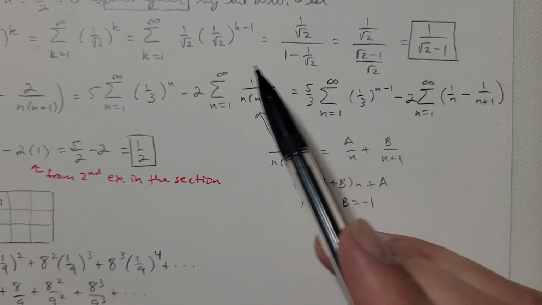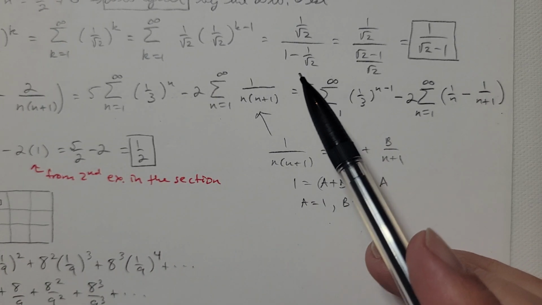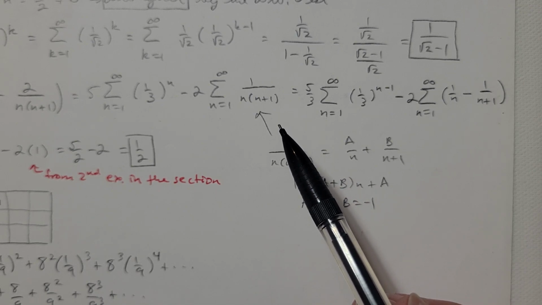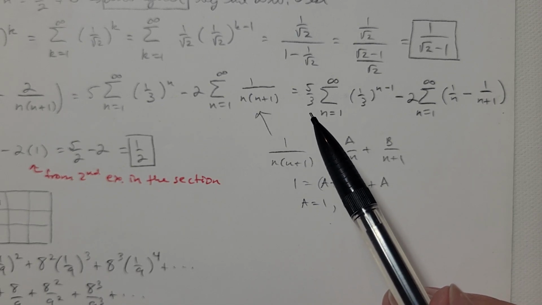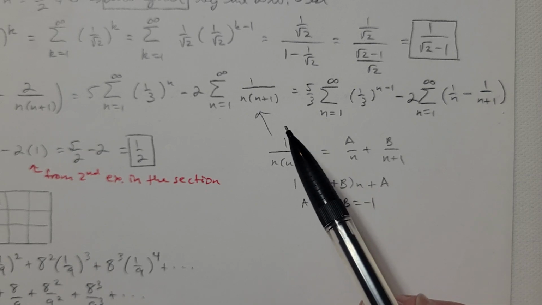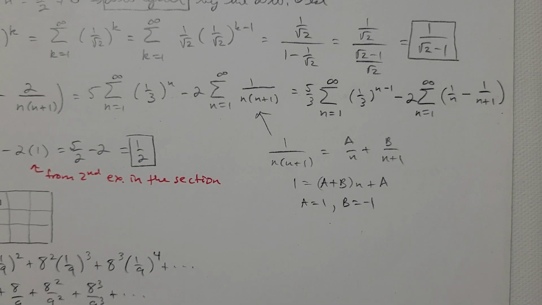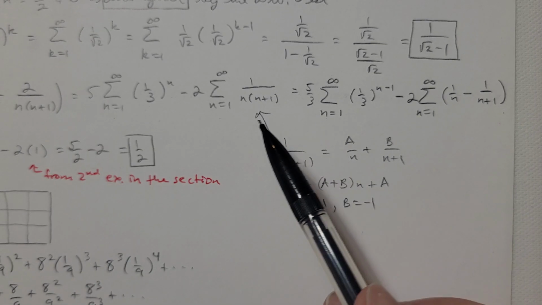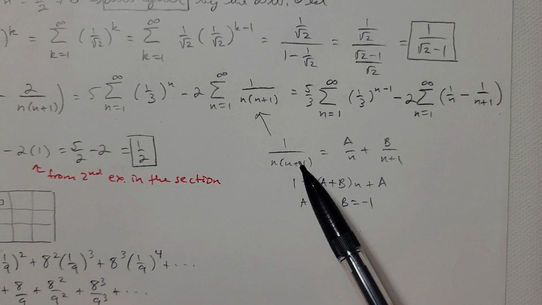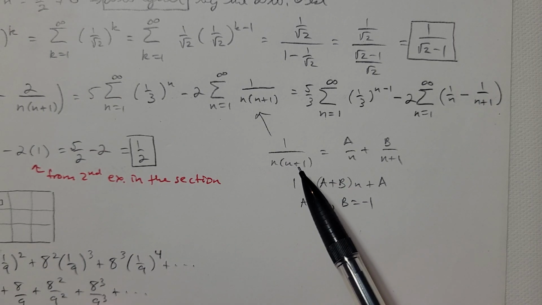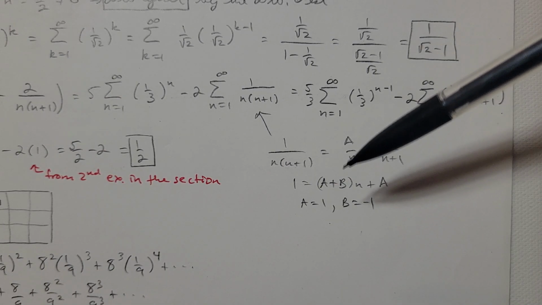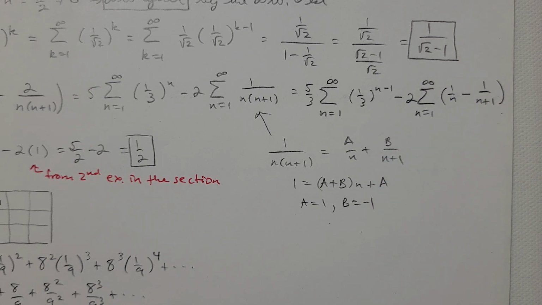Now this second series is one that we have already seen back in the second problem. Let me just use partial fractions here. 1 divided by n times (n plus 1) is the same as A divided by n plus B divided by n plus 1.